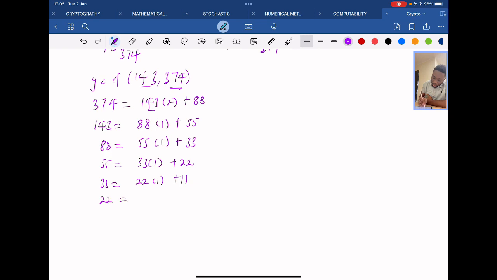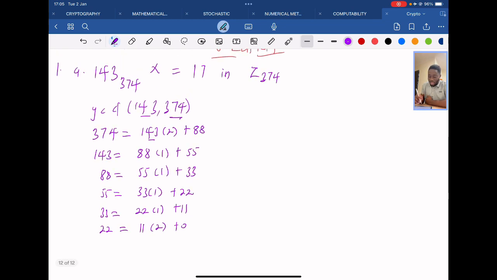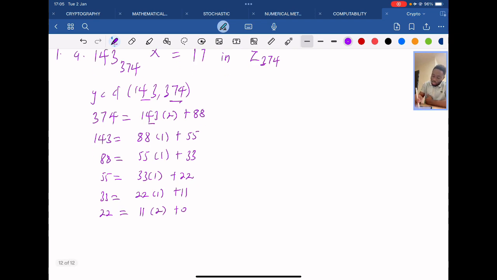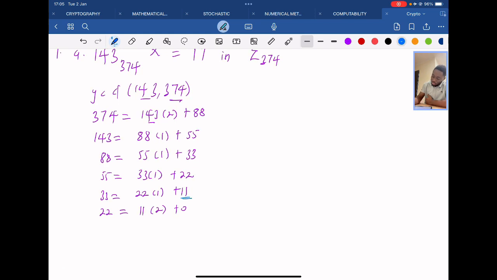Then 22 is equal to 11 times 2 plus 0. If you remember, I said whenever you do the Euclidean algorithm, the last non-zero number that you get is your GCD. So in this case, our GCD is 11. So the GCD of 143 and 374 is equal to 11.